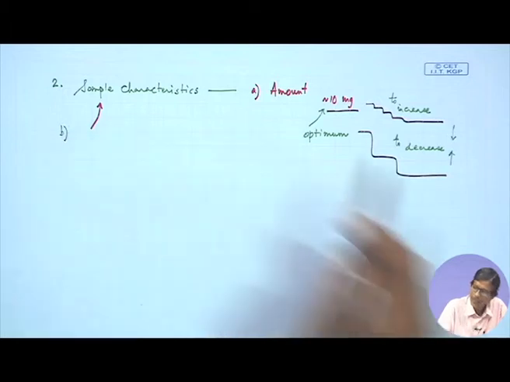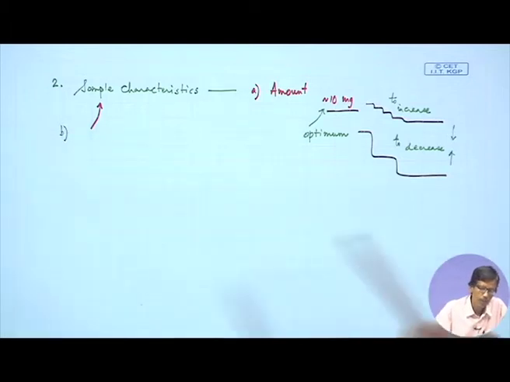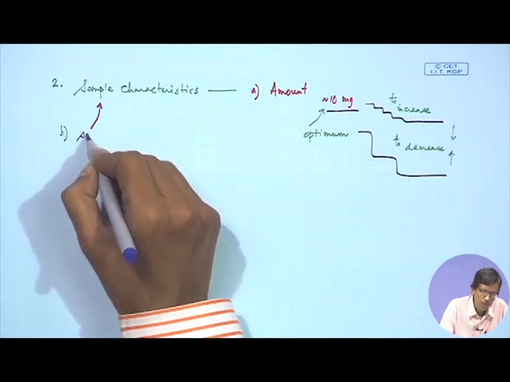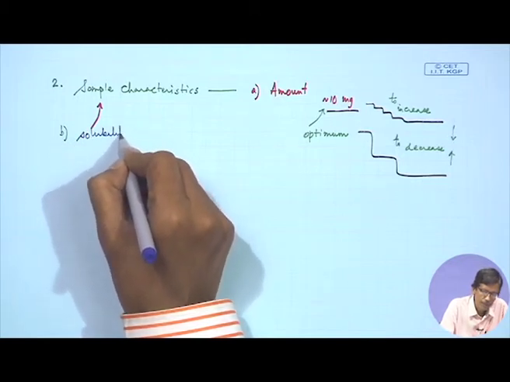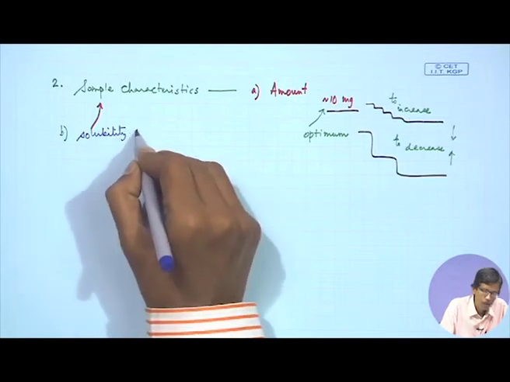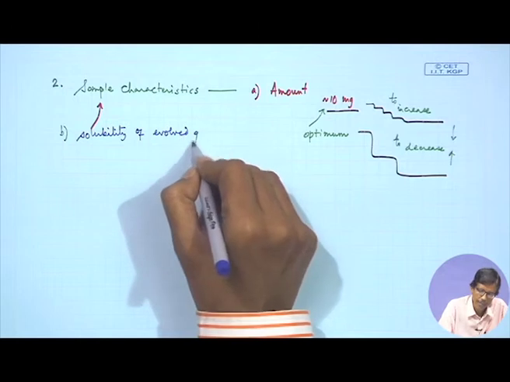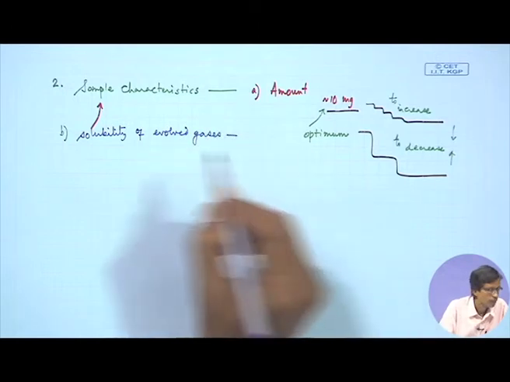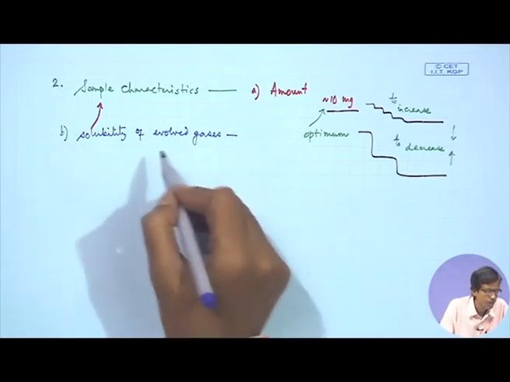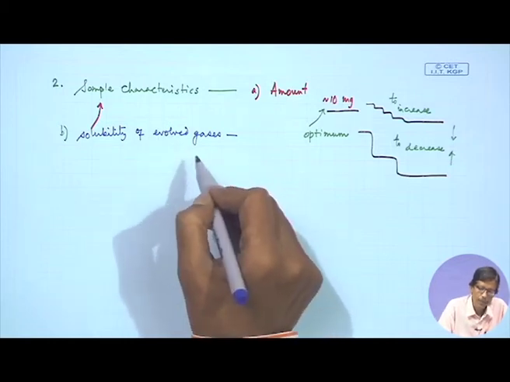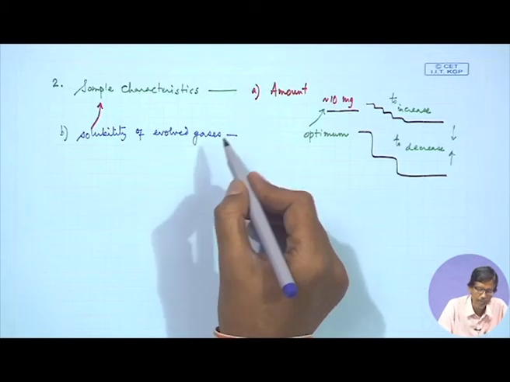Then in the next step of precaution, what we can see is the solubility of evolved gases, because that is a serious problem if the gas which is coming out is soluble in the melt or the product which we are getting.